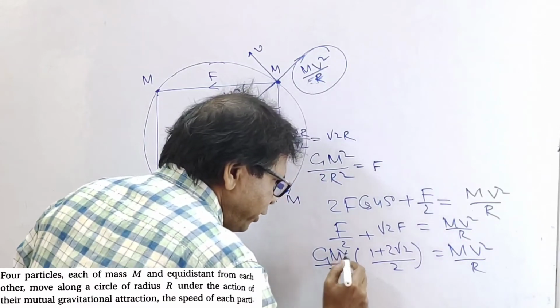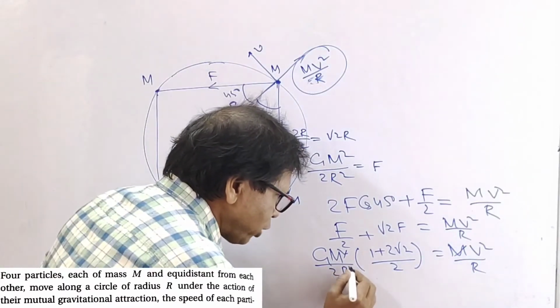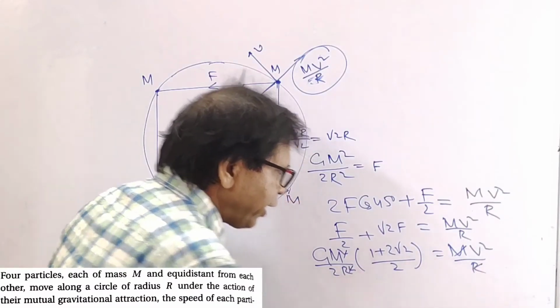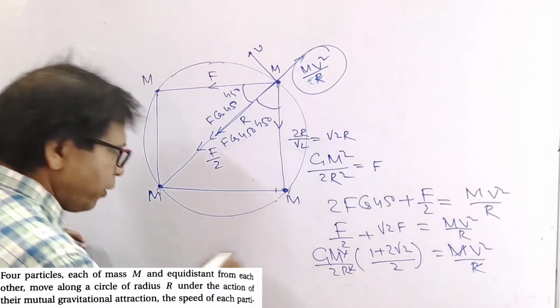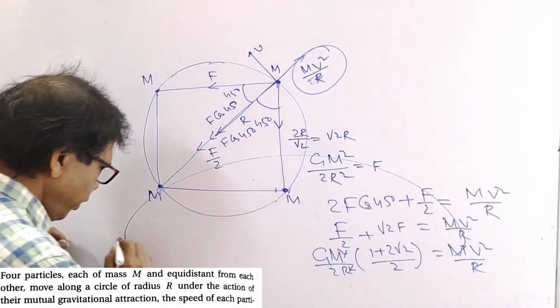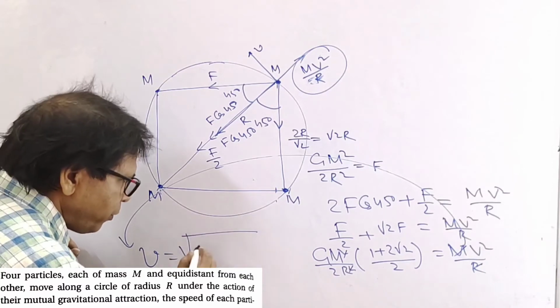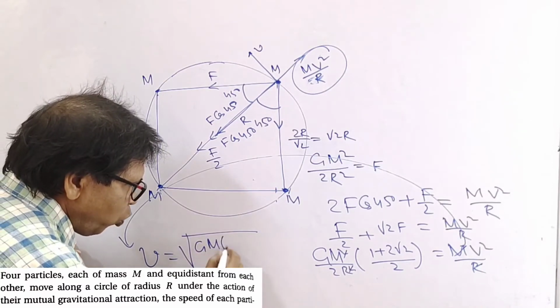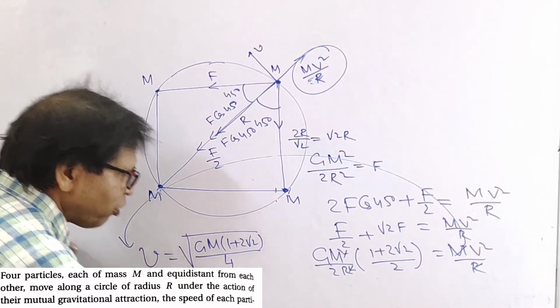Okay, now this m cancels out. Look at this, this is r square, so this and this cancel out. Therefore v becomes root under of G capital M (1 plus 2 root 2) divided by 4.